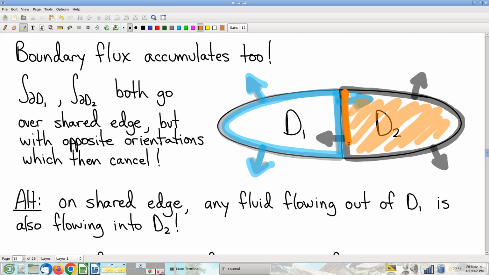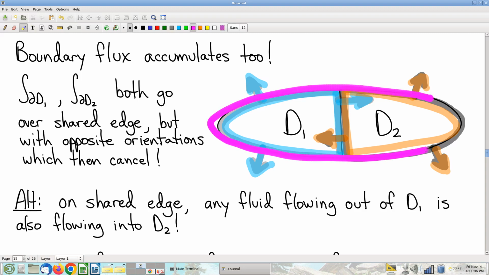Okay, well, there's this, again, oriented outward. Right? So, outward oriented boundary flux of the left plus outward oriented boundary flux of the right. Does that equal the outward oriented boundary flux of the whole?